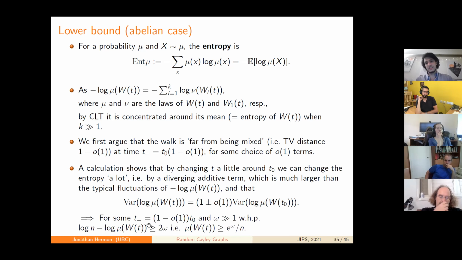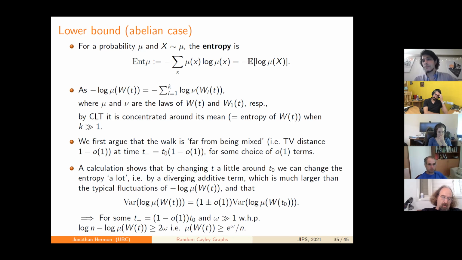So if you believe this, then you know that there's going to be some little o1 term such that shortly before the entropic time t0, or here t should be, sorry, t minus. There's some diverging term omega such that with high probability, log n minus log mu of wt is at least 2 omega, okay?